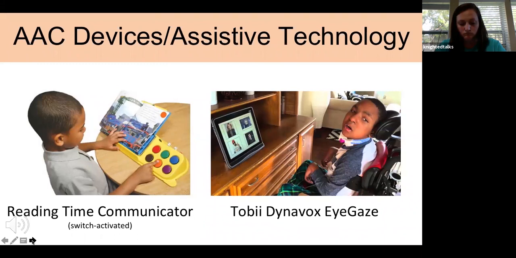So, for example, I can say, tell me who the main character was in this story. And the child can look at these pictures that are in front of him, and based on where his eyes are moving, the device will say the name out loud that he's fixated his gaze on.